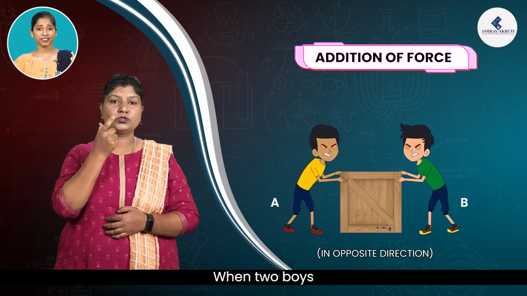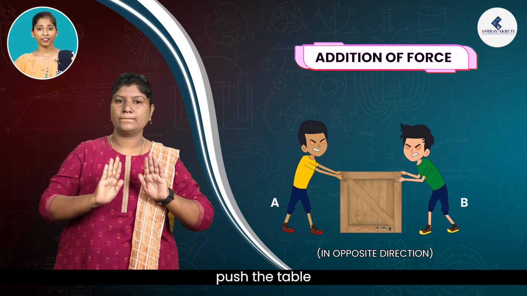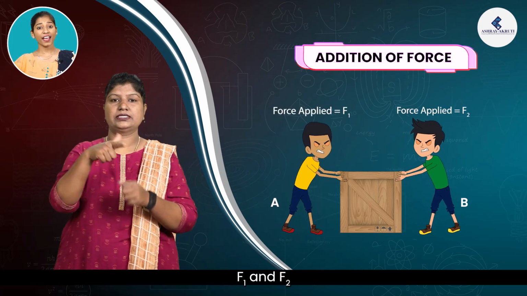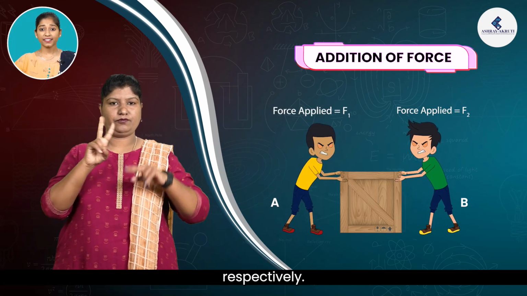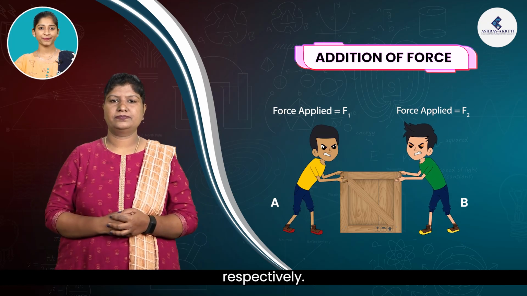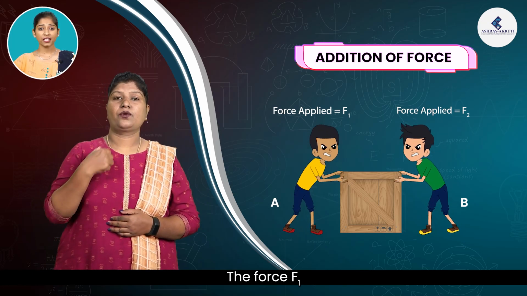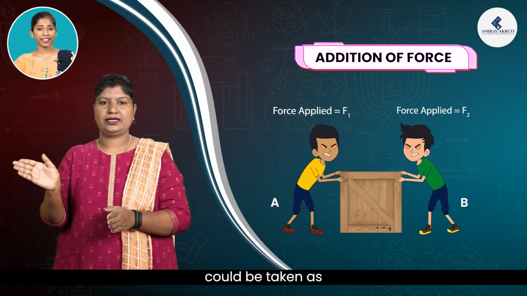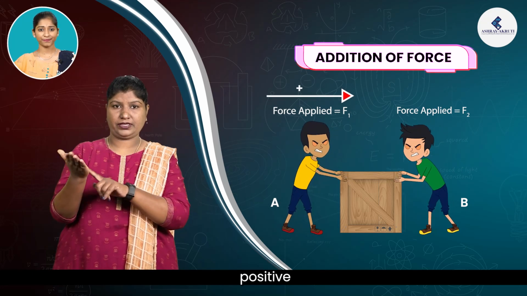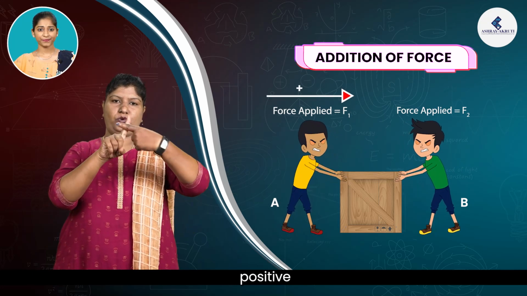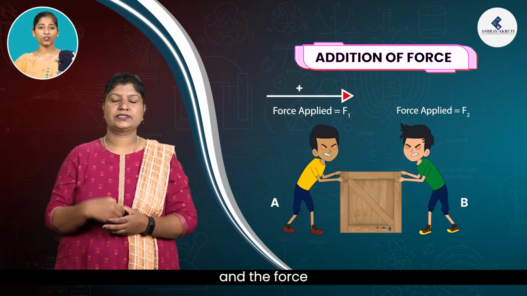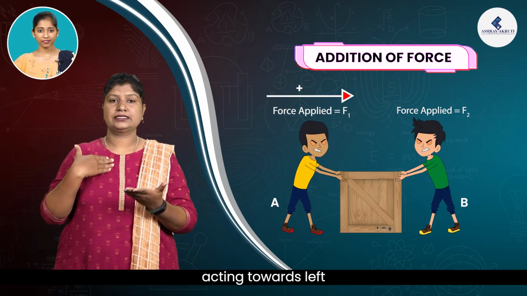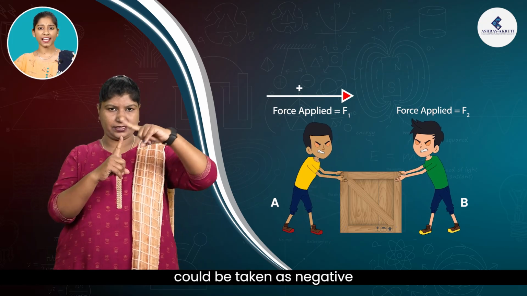When two boys push the table from opposite sides with the forces F1 and F2 respectively, the force F1 directed towards right could be taken as positive. And the force F2 acting towards left could be taken as negative.